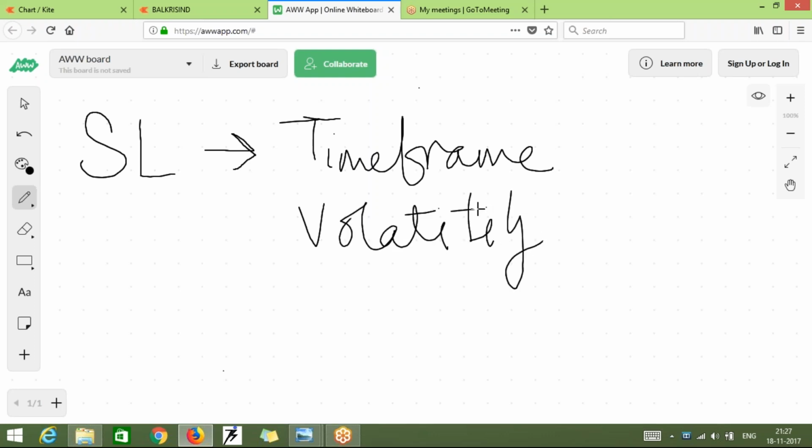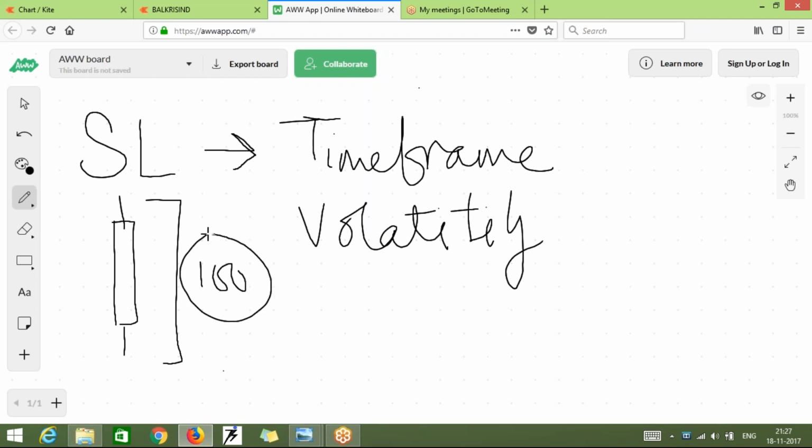Suppose a stock is in momentum. As I said, if this is the candle and this is the volatility, suppose consider this as 100 points. If in a single hour it moved 100 points, then as per rule you cannot place your SL down to this level. Being a day trader, you cannot.